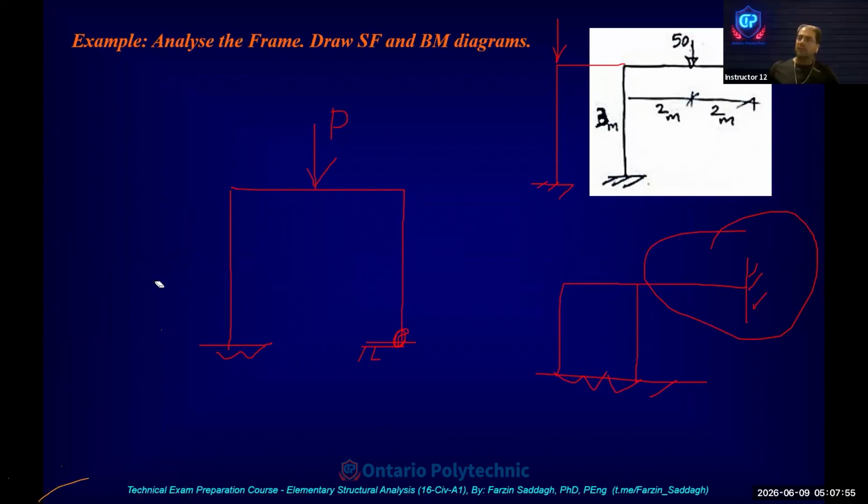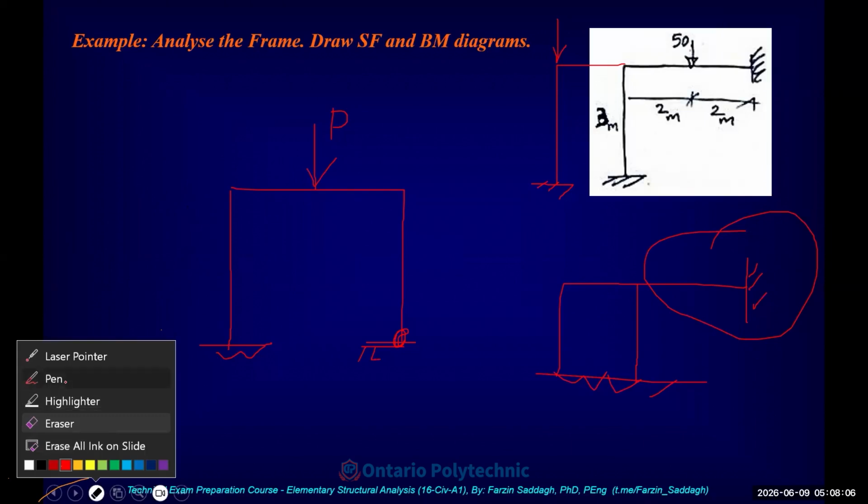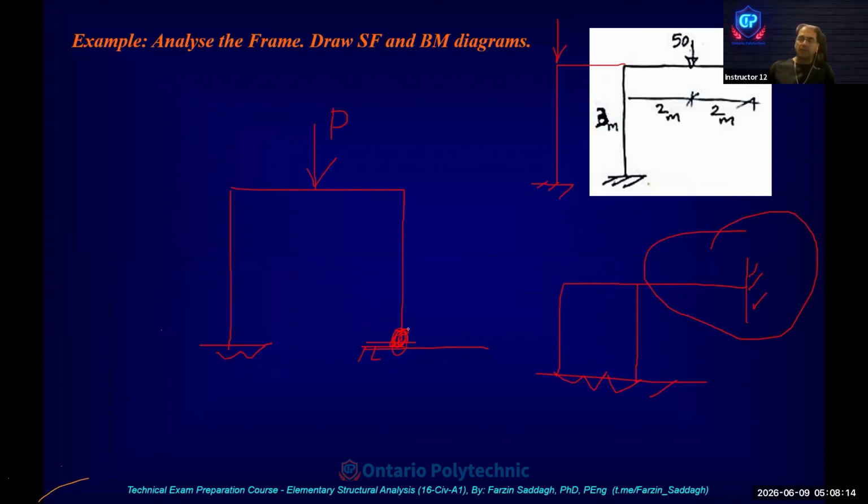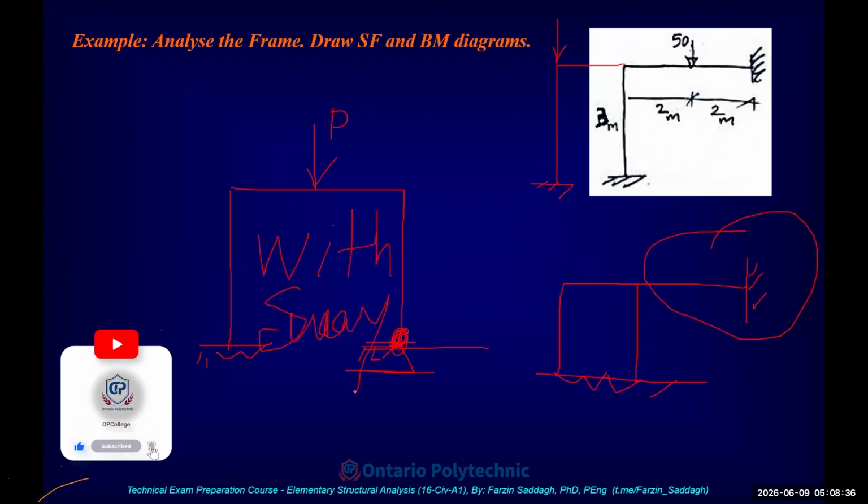Even if you have no load on the column, it is with sway, because you don't have a symmetrical case. Here you have fixed, here you have hinge. And if we had that load on the column, again we have sway too.